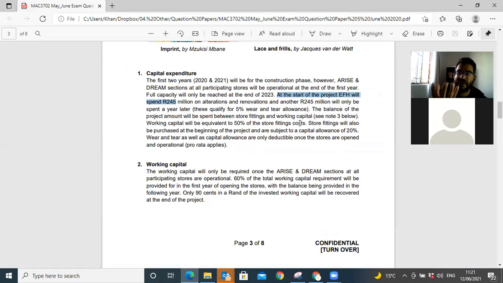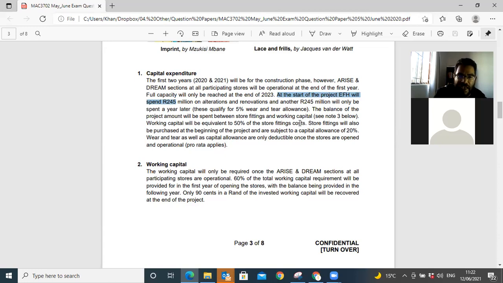Store fittings will also be purchased at the beginning of the project and are subject to a capital allowance of 20%. So remember, the wear and tear is 5% per annum, and the capital allowance is 20% per annum.